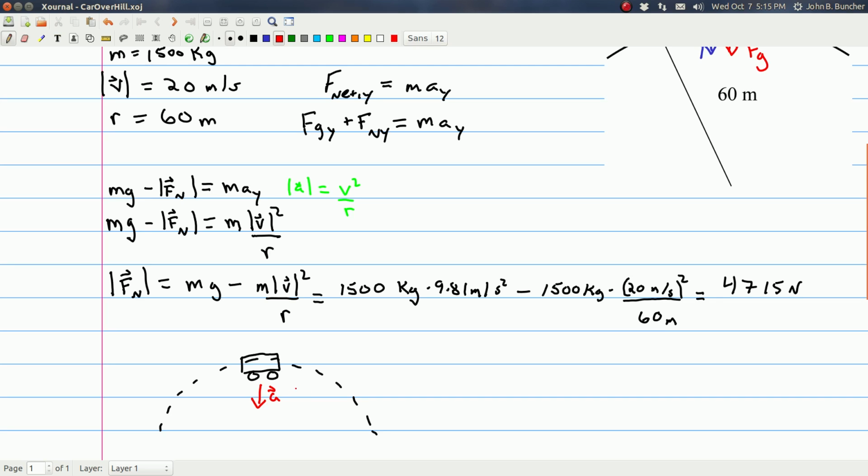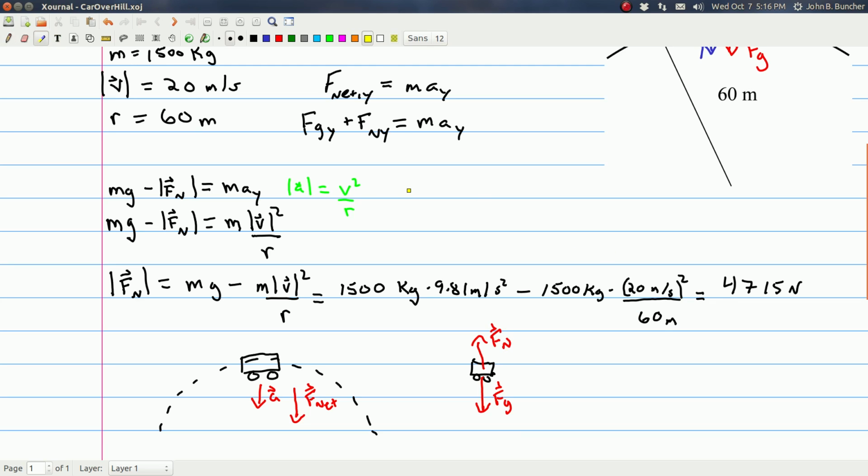Since the acceleration points down because that's towards the center of the circle, that means that the net force points down. Since I only have two forces acting on the car, I've got the weight pulling down and the normal force going up.